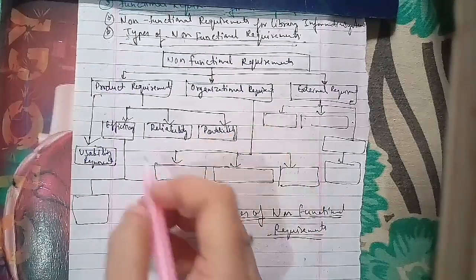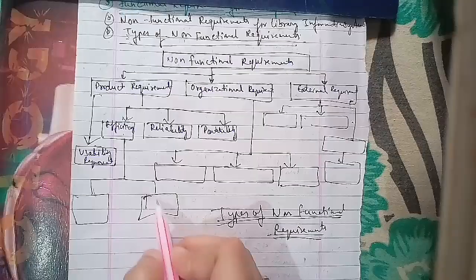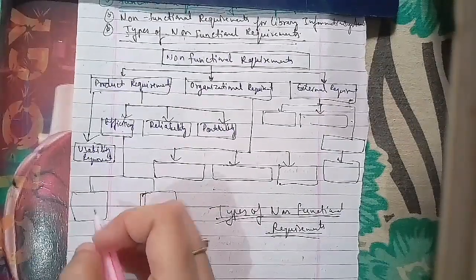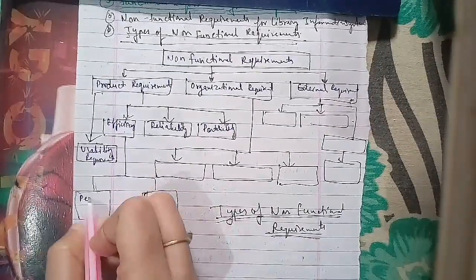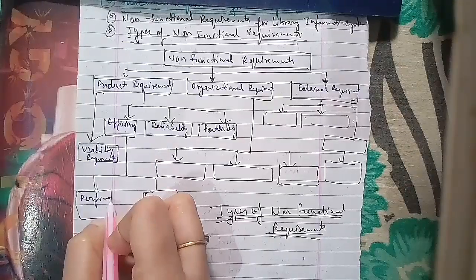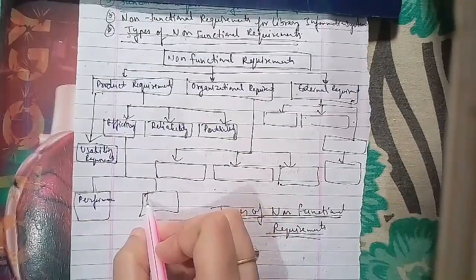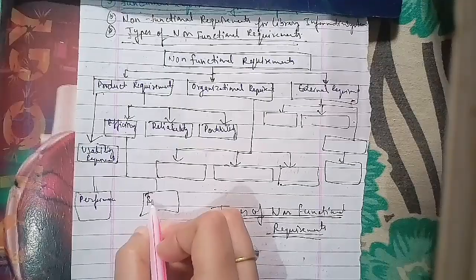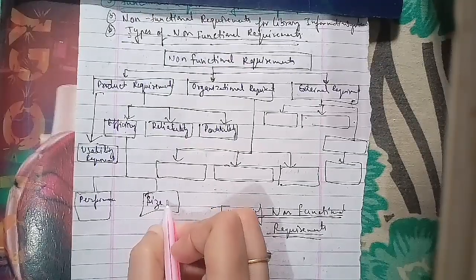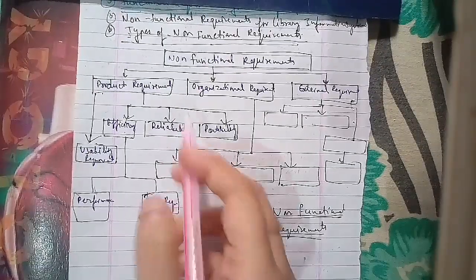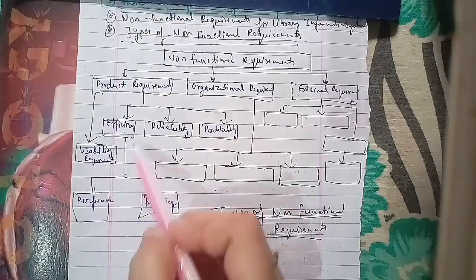Now we'll go ahead with the organizational requirement. This has been divided into three, as you can see. The first is your delivery requirement, the second is your implementation requirement, and the third we have is standard requirement.